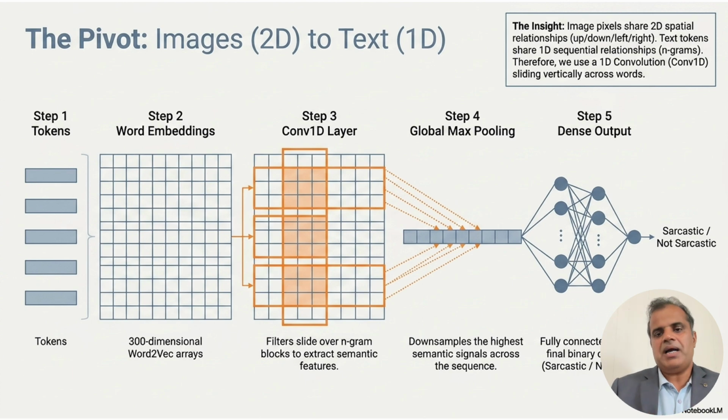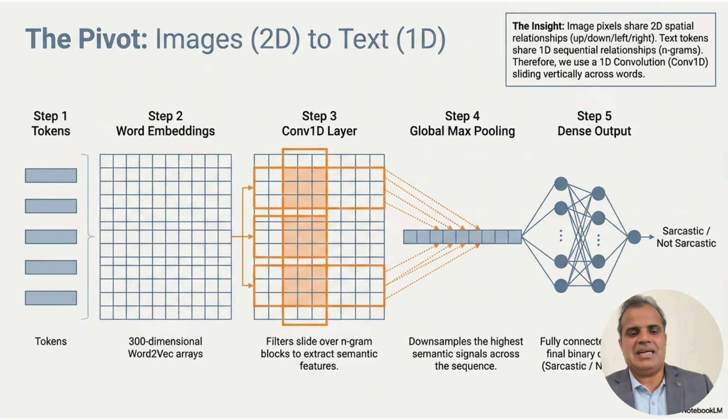Let's walk through the pipeline on the slide. In step 1, our sentence is broken into individual words which are called tokens. In step 2, those tokens are converted into dense 300-dimensional word-to-vec vectors, creating our text matrix.